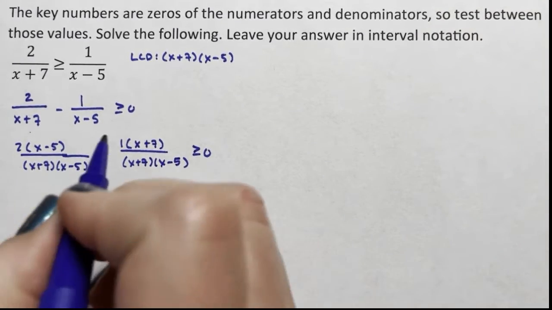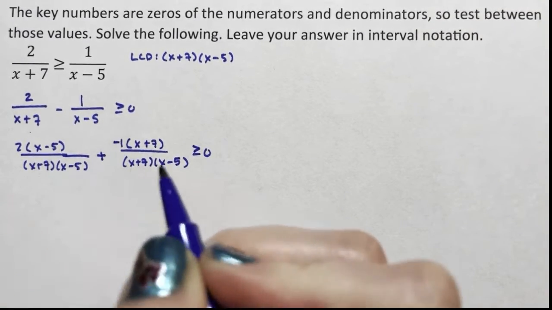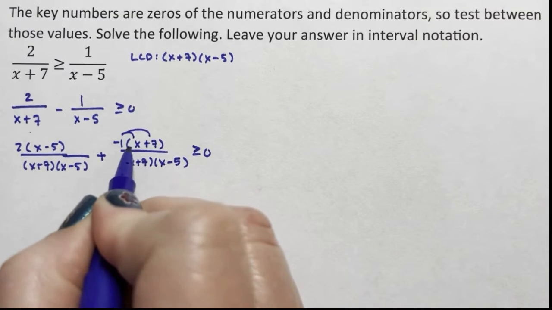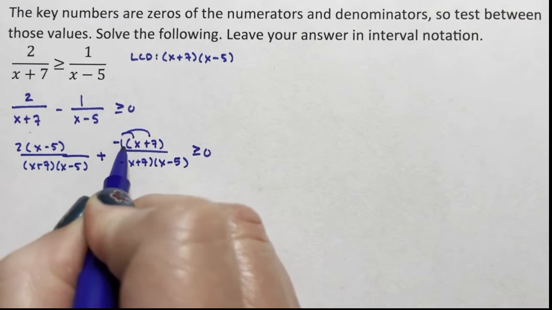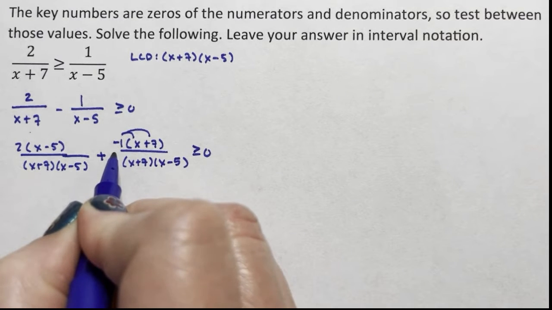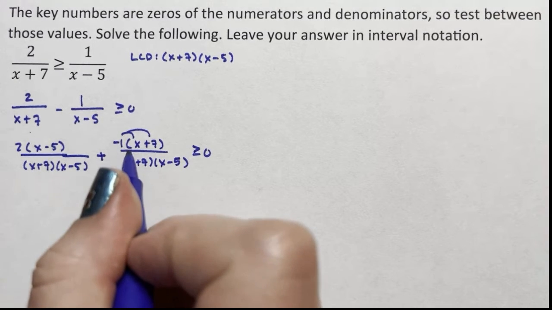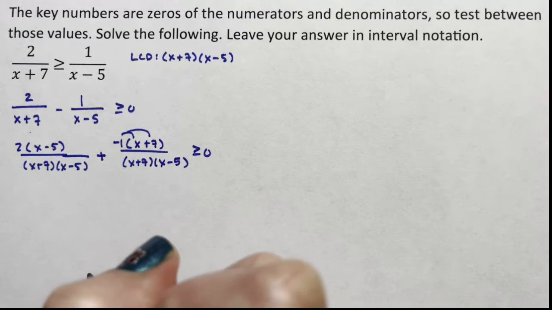Because this is subtraction, I'm going to say plus and make the one that I'm multiplying to this fraction a negative. So when I distribute it in, both the x and the 7 get treated with this -1. If you don't do that, there is a very good chance the x will get to be negative, but the 7 will stay positive.